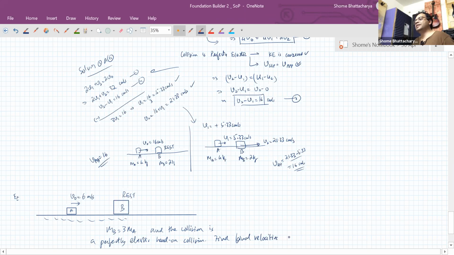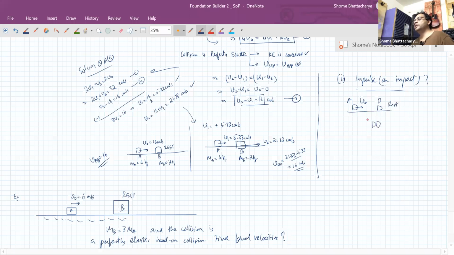So before we come to this, there's a second part in this earlier question to solve for the impulse, the impulse on impact. So we have to see that this one coming at a speed of v naught comes and hits this one which was at rest. Now, as they come in contact, they're in contact for a short duration of time.